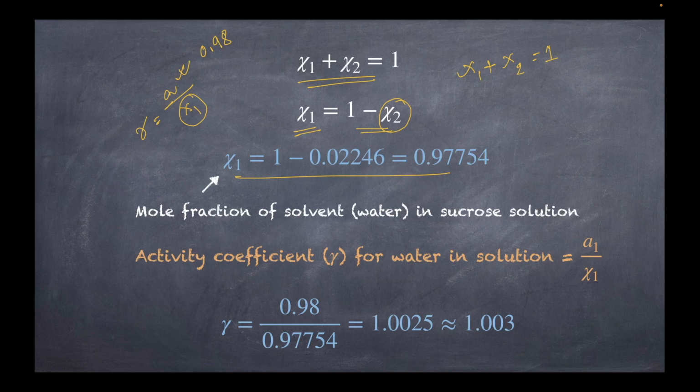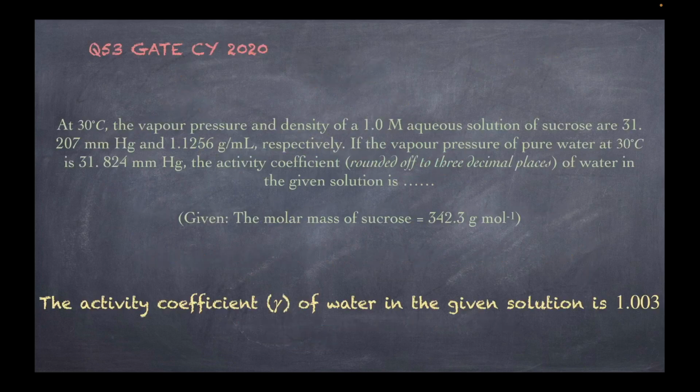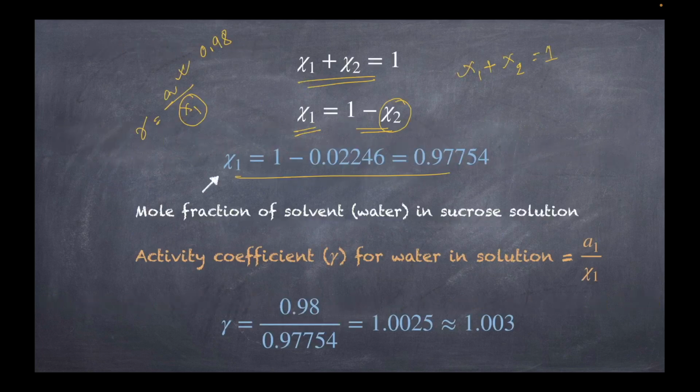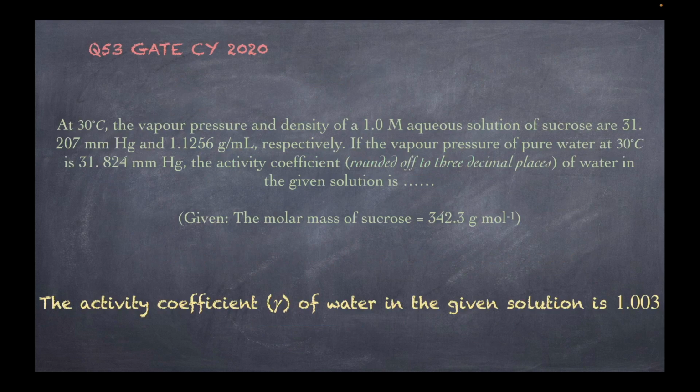So by dividing, 0.98 divided by 0.97754 is equal to 1.0025, and up to 3 decimal places we can approximate this. So 1.003, because the 5 is there after the 2, so we round up to 3 decimal places, 1.003. So the activity coefficient of water in our sucrose solution will be 1.003.